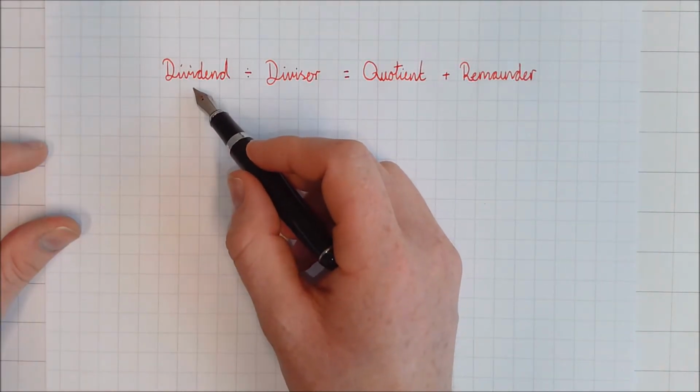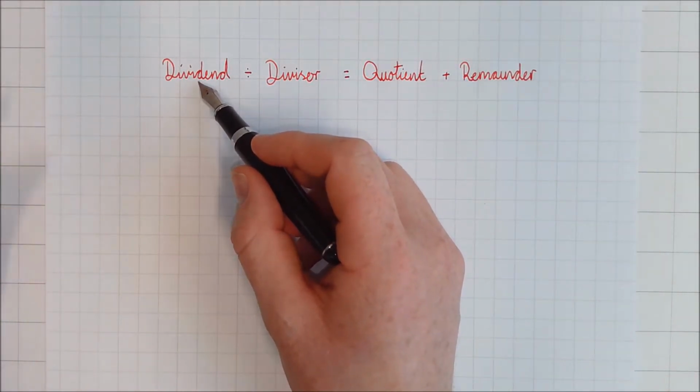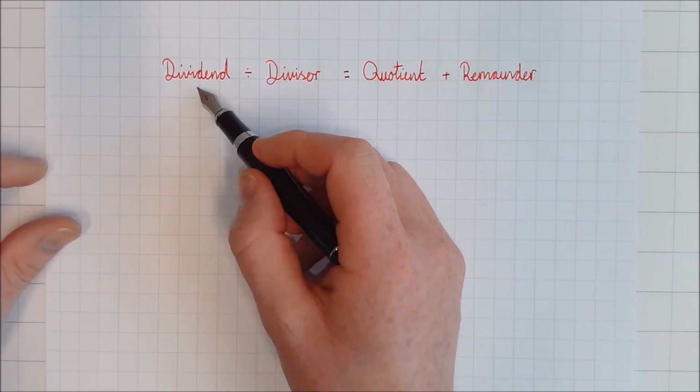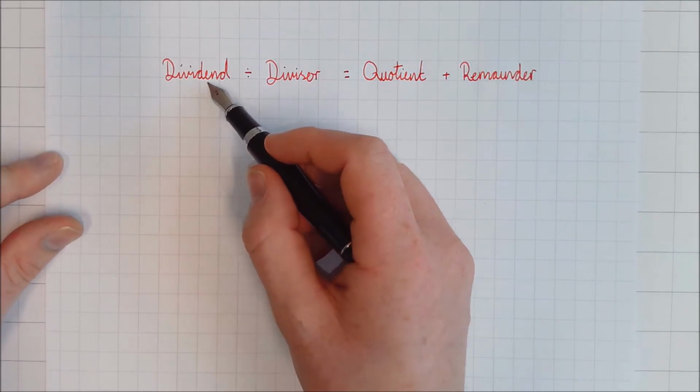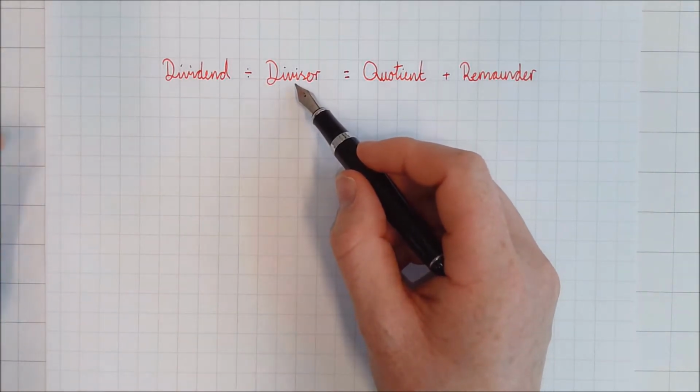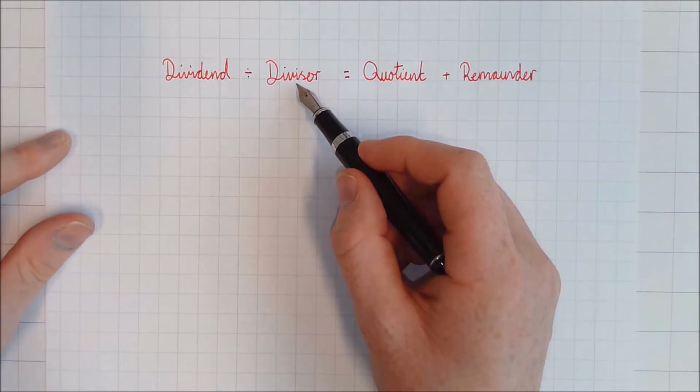We have our dividend. This is the total amount or total number of objects. This is the divisor. So this can be either the number of groups or the number of objects or the amount in each group.